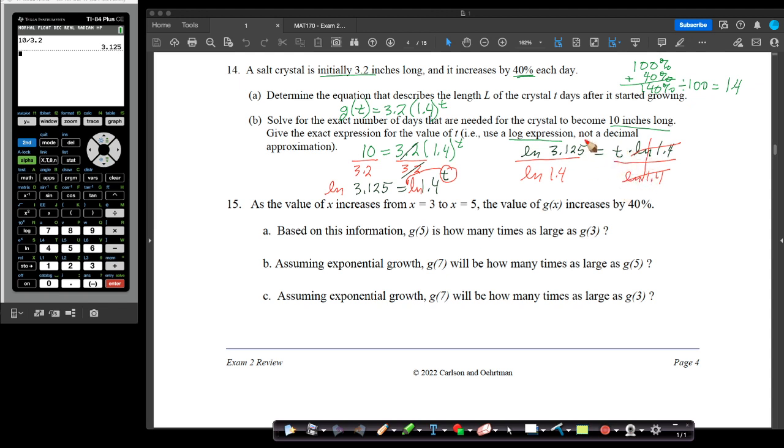Leaving us with T here. And this is what we want to leave it at. So T equals this. That's our answer. We don't want to put this in our calculator. It gives us a decimal approximation. This is as exact as we can get. So that's our answer for 14 using logarithms.